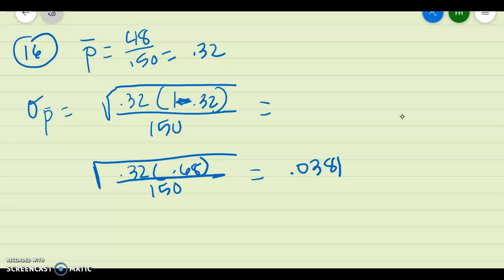Now, going to number 17. This is where the mistake is that I found on the answer key. They have apparently used the 90% confidence interval instead of the 95%. So change the problem here to 90%, and then it will come out correctly.